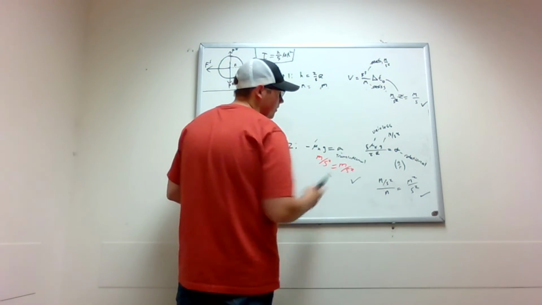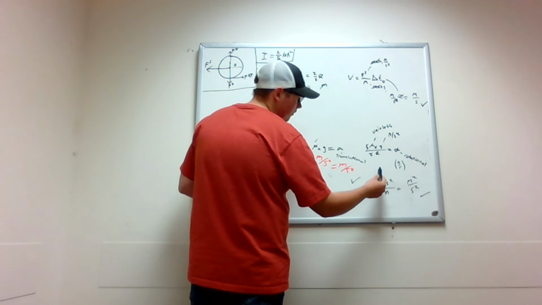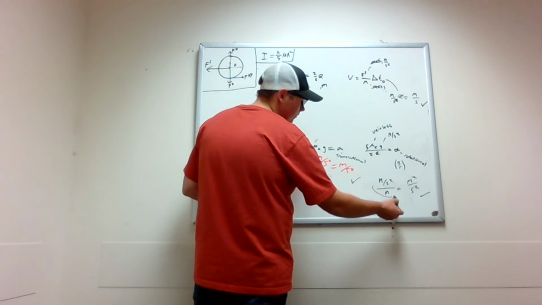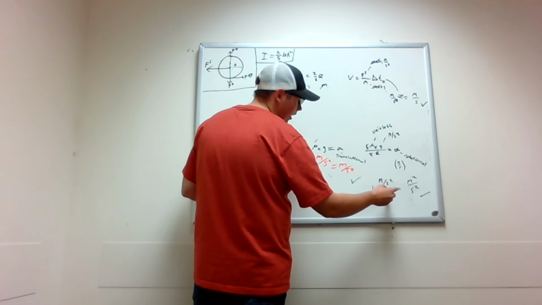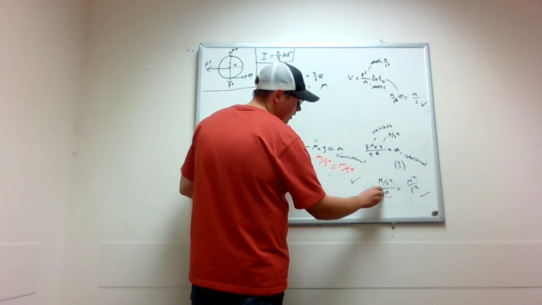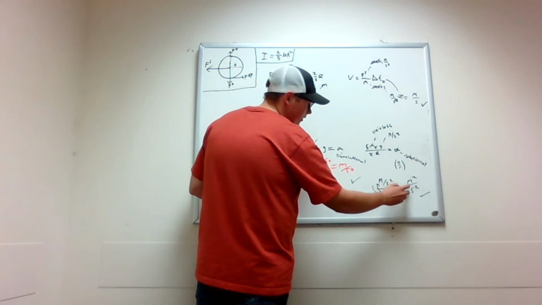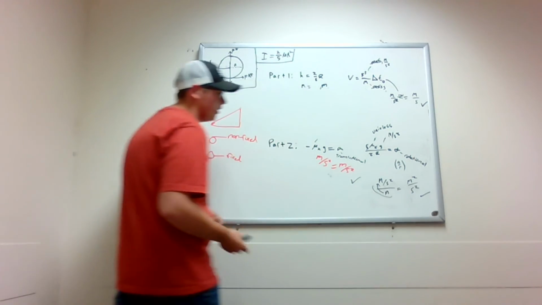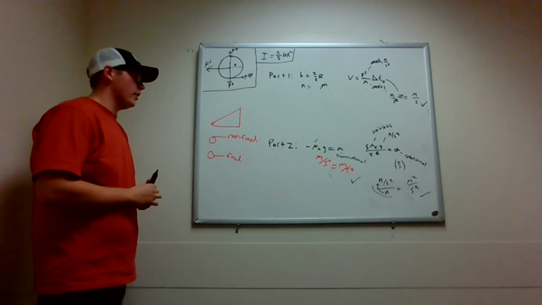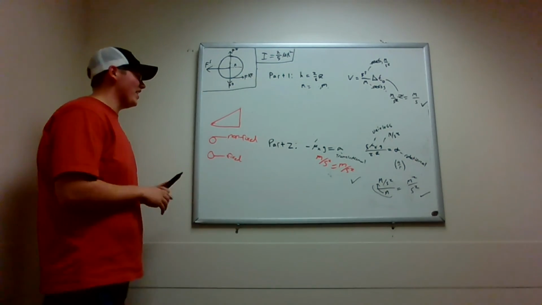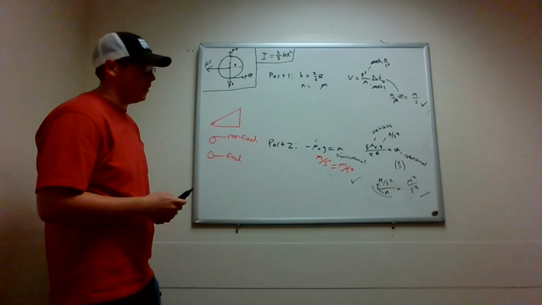Then we have gravity, which is meters over seconds squared, and then down here meters over seconds squared over meters, which then is being multiplied up here, leaving meters squared over seconds squared. That all makes sense.